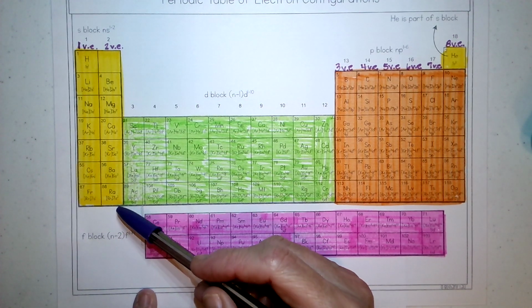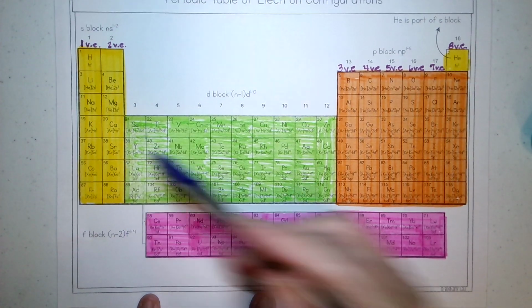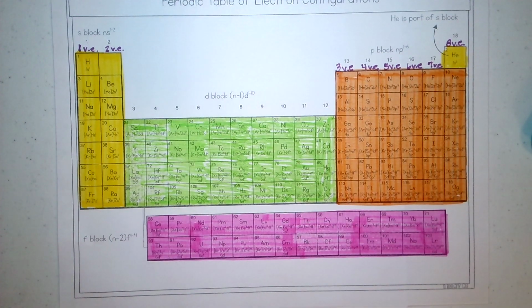Okay, so this is considered the S block, and this S, P, D, and F, we have to understand when we get to electron configuration. We're going to talk about that in video number 3.